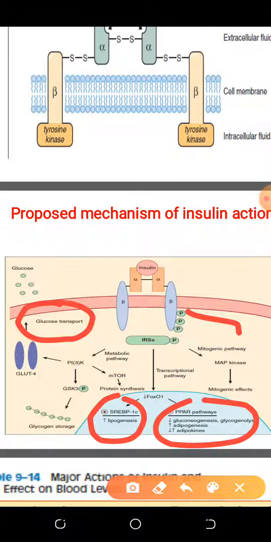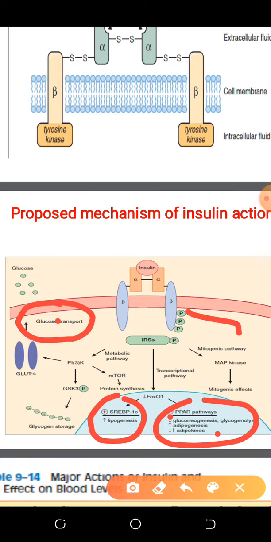It increases insertion of glucose transporters in the cell membrane, as you can see here. The other effect, it increases lipogenesis. Lipogenesis is the production of lipids. The other effect of insulin, it decreases gluconeogenesis, decreases glycogenolysis, that is the breakdown of glycogen. It increases adipogenesis, and it can increase or decrease adipokines depending on the situation.